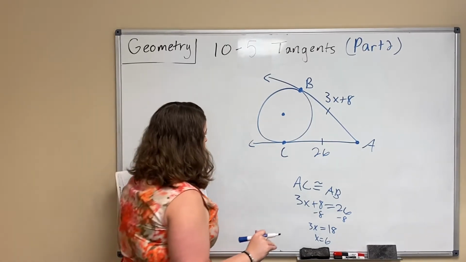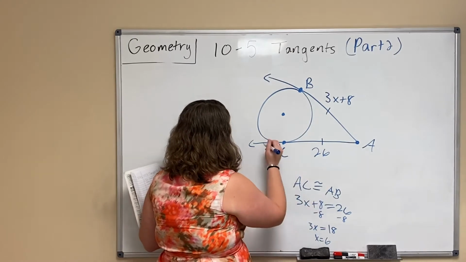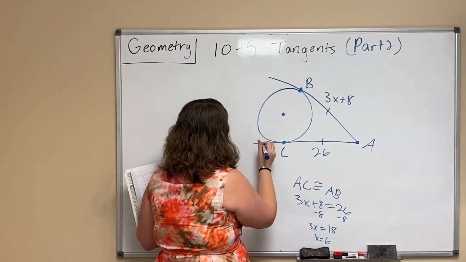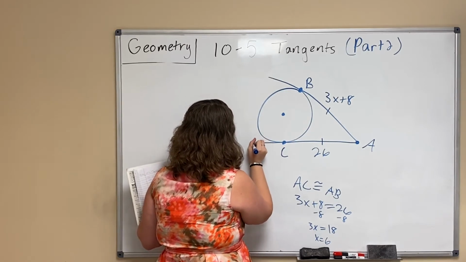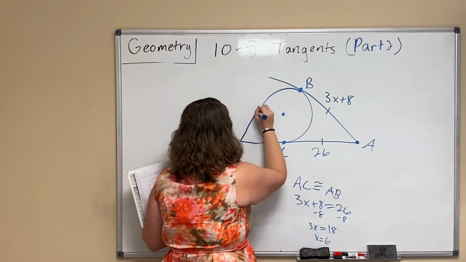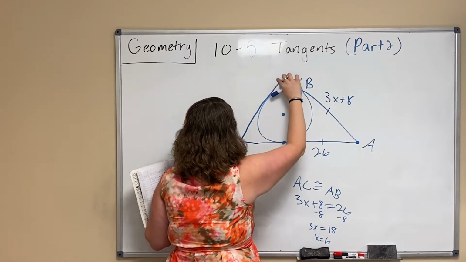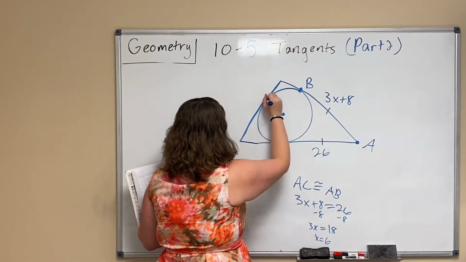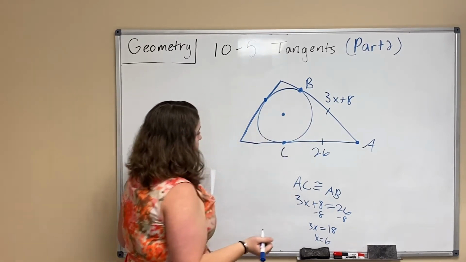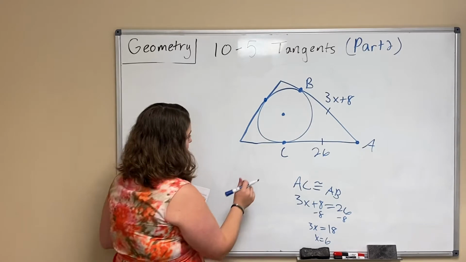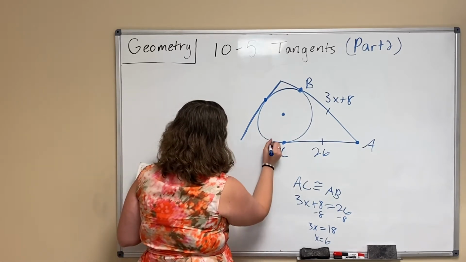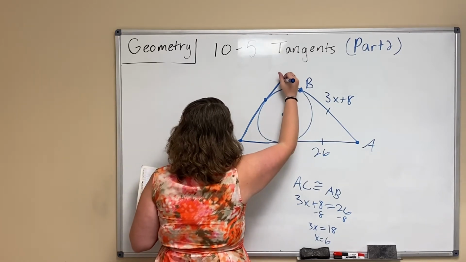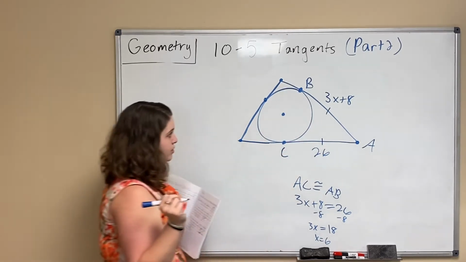So for example, here we just had 2, but if I extended these out a little bit so that we had one more tangent, now we have, I know it's not very pretty, a circumscribed triangle.